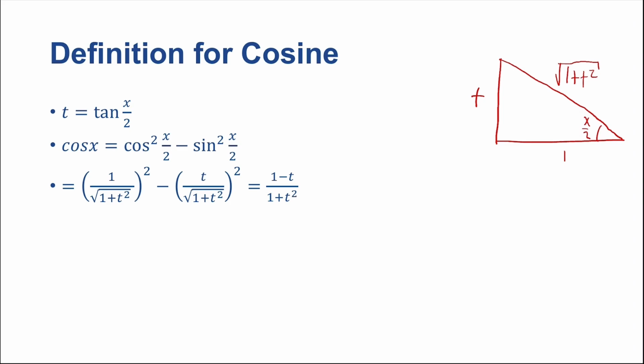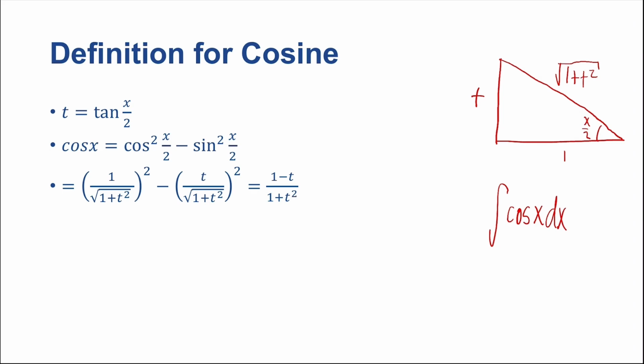Using our double angle formulas, that gives us 1 over square root of 1 plus t squared, quantity squared, minus t over square root of 1 plus t squared, quantity squared, which yields 1 minus t squared over 1 plus t squared. So that is our formula for cosine. Now if we see an integral with cosine of x in it, we can make that substitution.